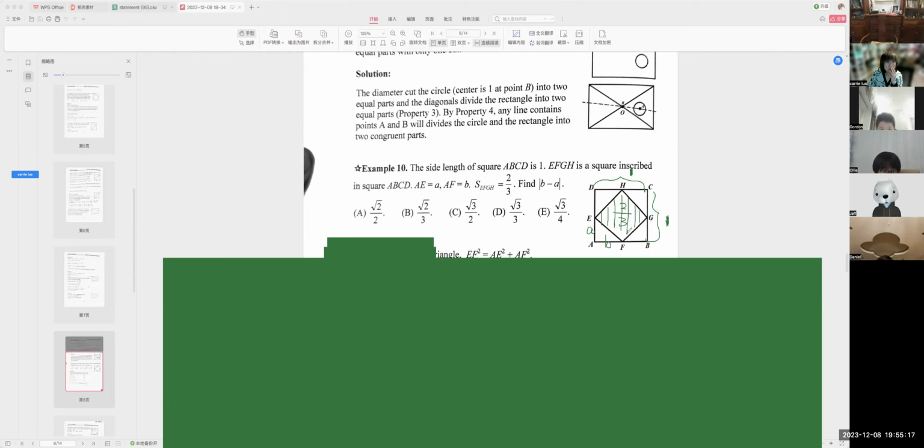Okay. So let's take a look at this one. So we want to find the absolute value of b minus a. Okay, so let's take a look at this one.